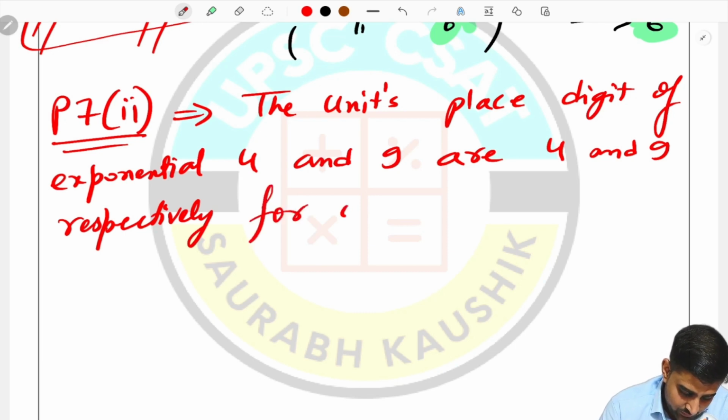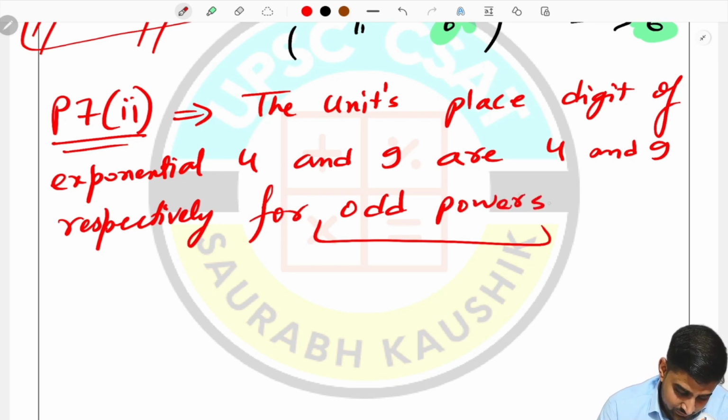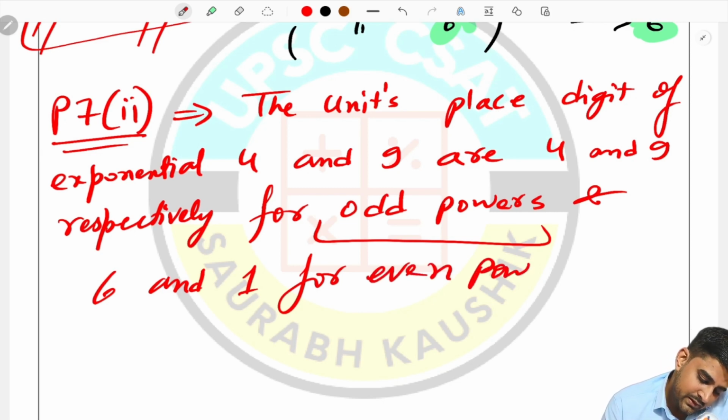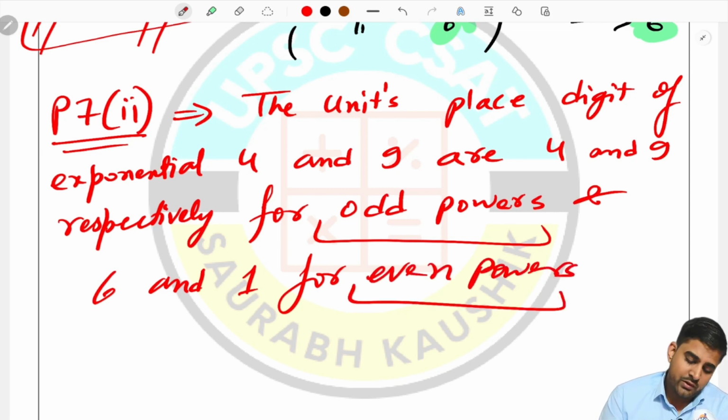For odd power, this is the key, and 6 and 1 for even power. This is very much important.